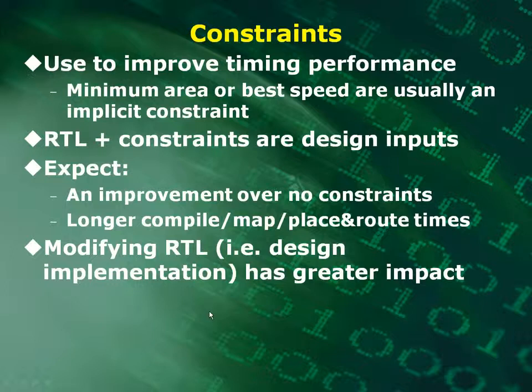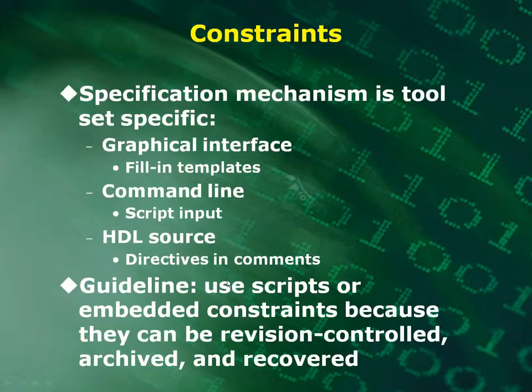However, it may take a little longer to compile once you put certain constraints on your logic. Sometimes you may not be able to meet your timing analysis, and in that case you may have to modify the way your RTL code is written. There are a lot of trade-offs you can make in your design.